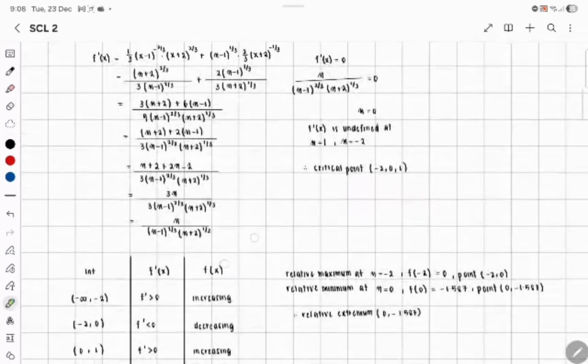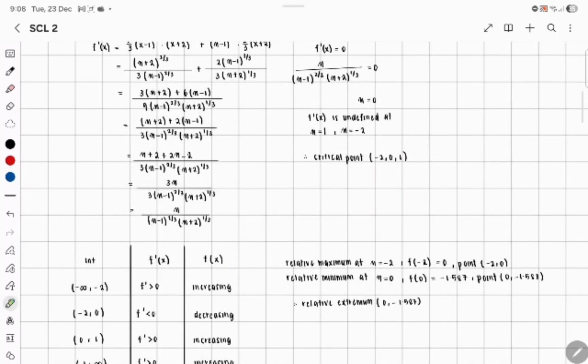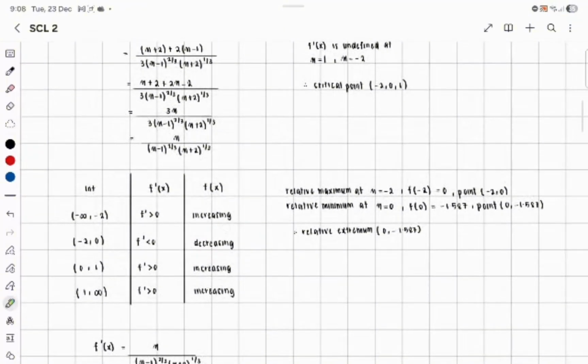To find where it is increasing or decreasing and the extremum, we use test numbers, like integers, and we take the numbers between the critical points.